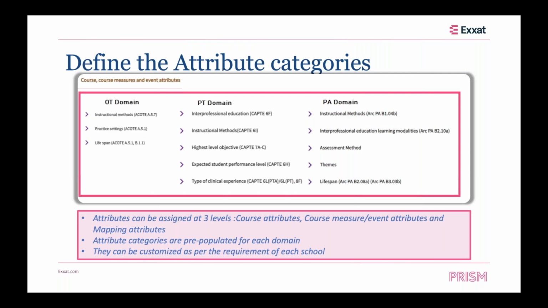Imagine a report like that in front of your eyes when you're writing that self-study narrative, right? So that's why we have designed these attributes. I'll show you some samples in upcoming slides, but basically that's what attributes is about.